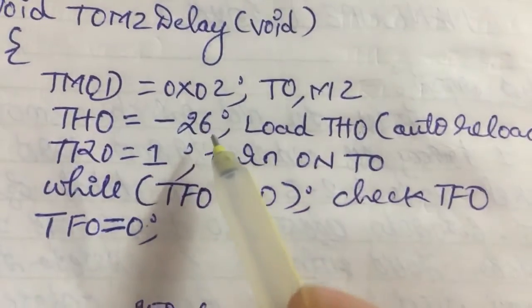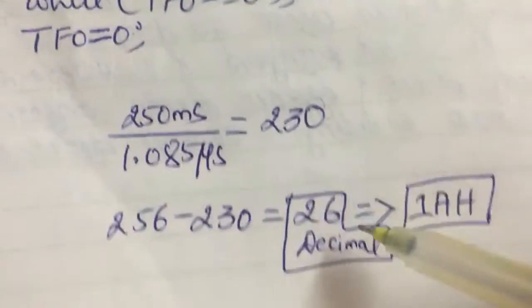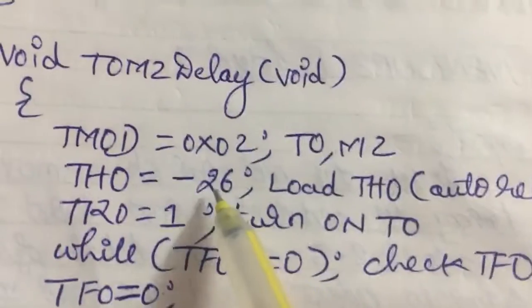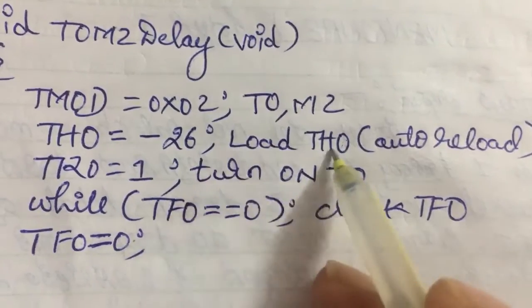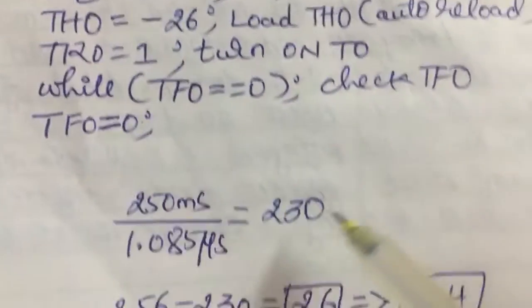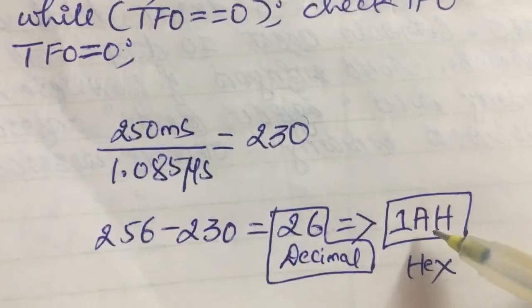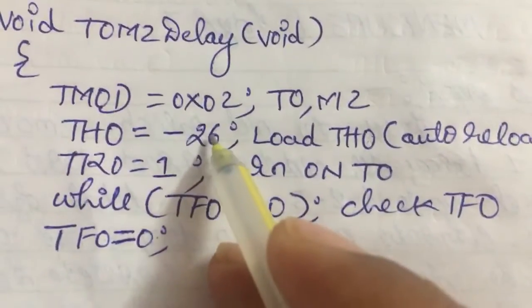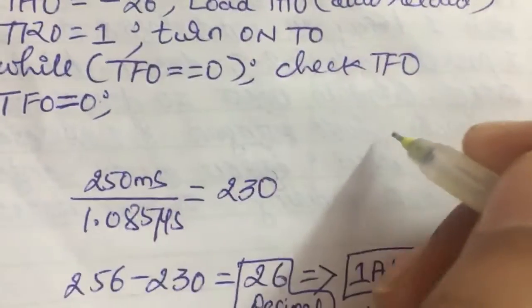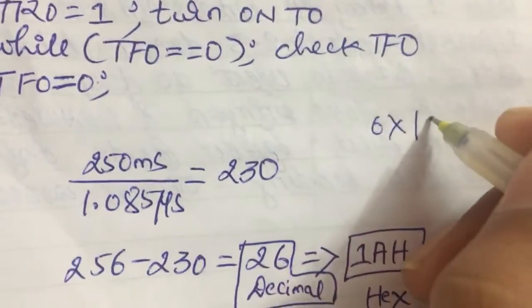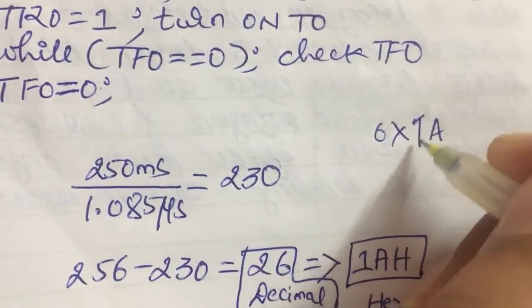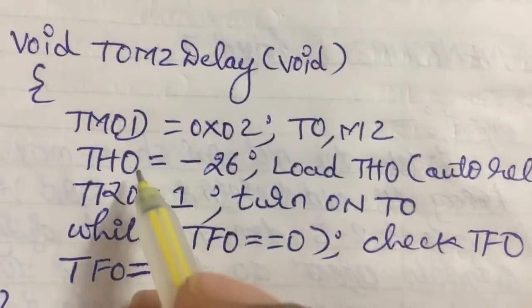Then as I told, I will get 26 here. We need to represent that with minus 26 because it is auto reload. If you want to represent the value in hexa, directly you can write 1AH, that is written as 0x1A, like this. So this can be assigned to TH0 also.